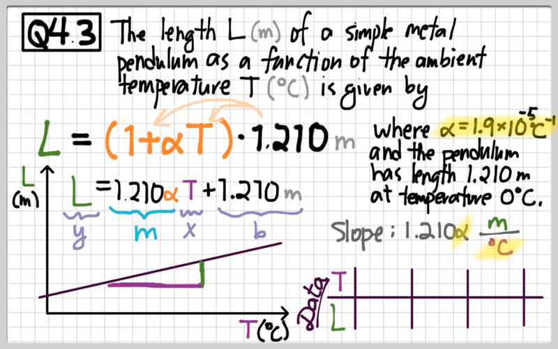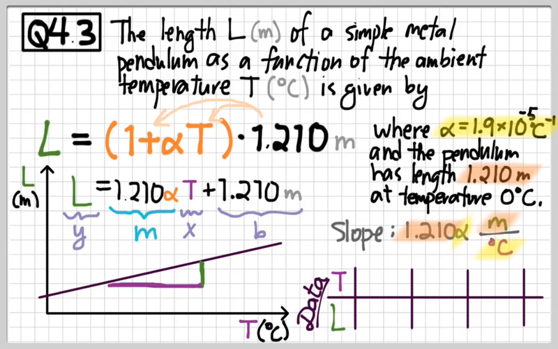That 1.210 that's multiplying your alpha has units of meters. So when we look at this slope, the units are coming from two different places. They're coming from the 1.210 meters multiplied by the 1.9 times 10 to the minus 5th reciprocal degrees Celsius.